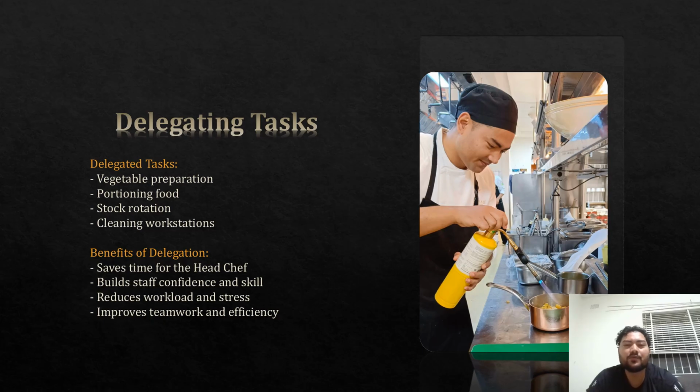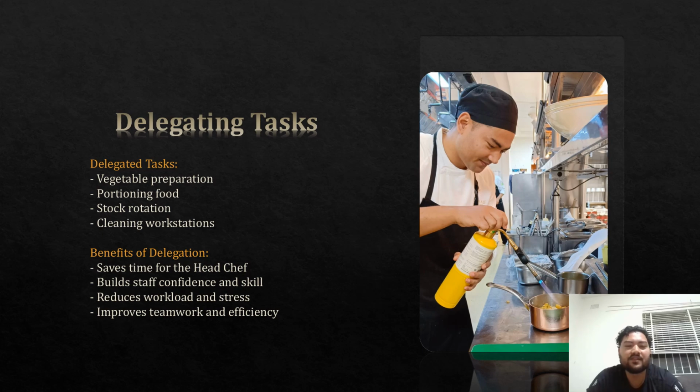You are on top, so we need someone who can control and lead. The head chef's main job is to lead and control the kitchen. The food should be perfect every time. So the head chef needs to delegate these jobs so he can focus on menu planning and food wastage planning, like how to reduce food wastage.